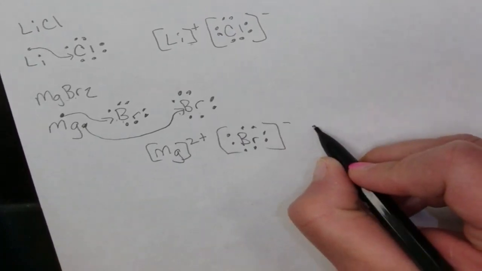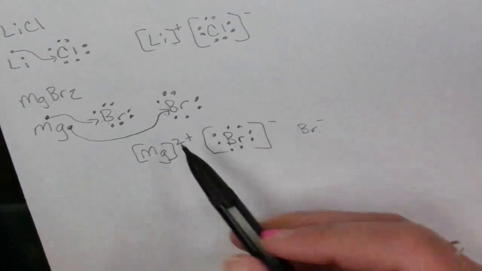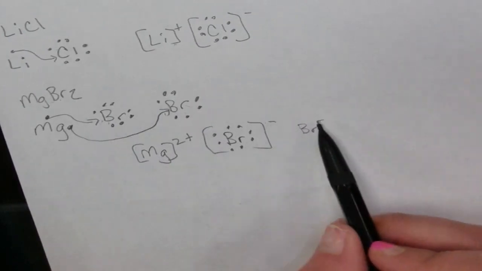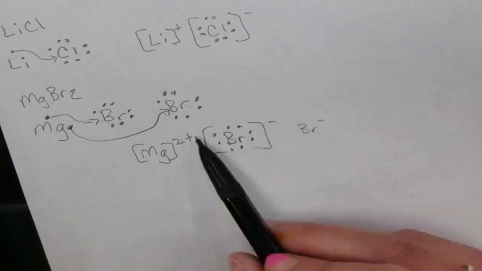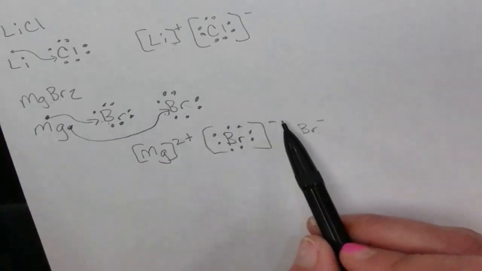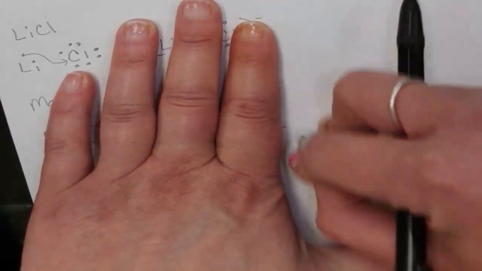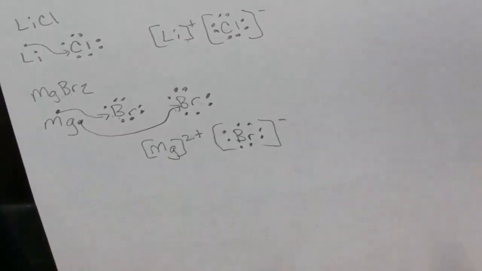What if I put another Br minus side by side? Because I technically have 2 bromines. What do we know about opposite charges? Opposite charges attract, and like charges repel. So these 2 Brs are going to repel. So we can't draw the bromine beside the other bromine.